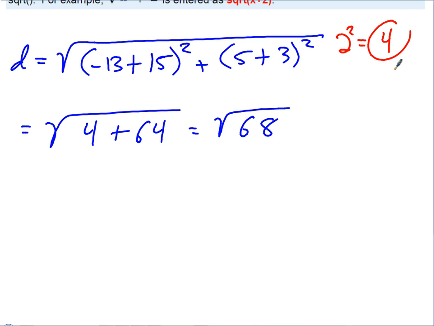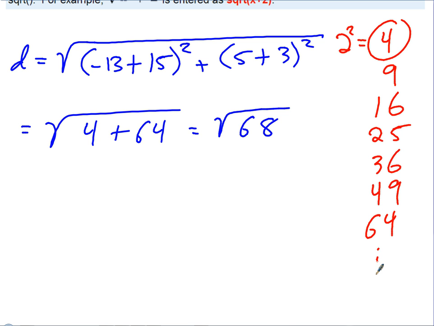Keep going. What's after 9? 16, 4 squared, good. 25, 5 squared. 36, 49, 64, etc. So let's look at that list and figure out what's the biggest number that divides evenly into 68?